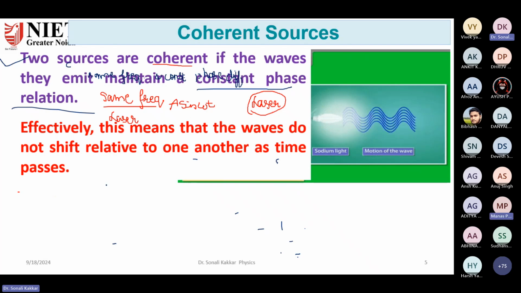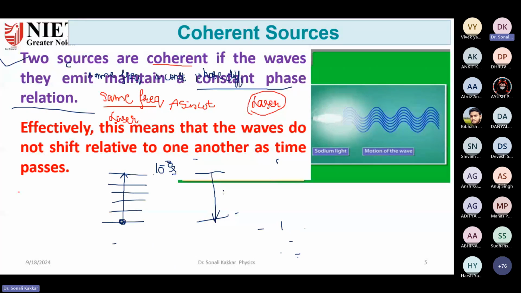Those materials have atoms, and in the atoms there are energy levels for electrons. We give power supply to that lamp. That power supply makes the electron jump to the higher energy level, and after a time of 10 raised to power minus 8 second or so, when that electron jumps back to the ground energy level, a photon is emitted. That is how light is emitted.